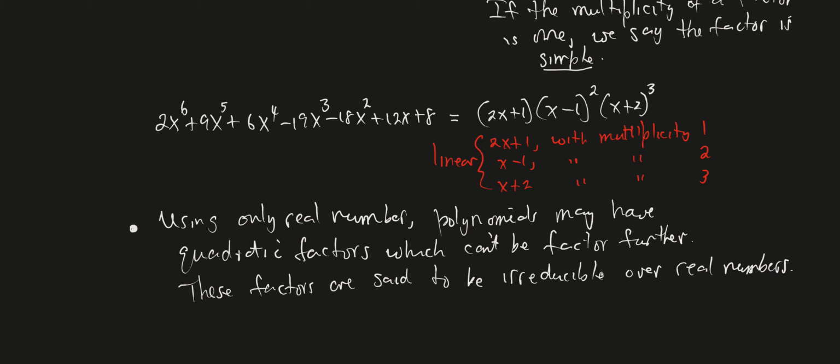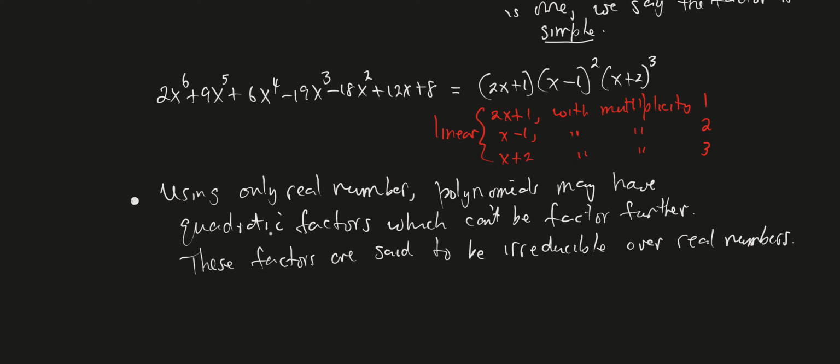If you were using complex numbers, then every polynomial can be broken down into a product of linear factors. But if we're using only real numbers, there are some quadratics that we can't break down anymore, right?